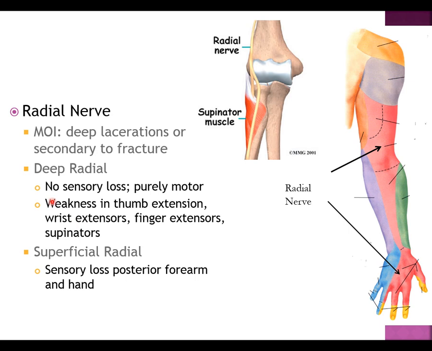So it's going to get the posterior forearm muscles, where the superficial radial nerve, the one that stays on top, is going to be primarily there for sensation. It's going to be the red, where its sensory function of the posterior arm, forearm, and the back of the hand is where we'll end up seeing the most distribution for the superficial radial nerve.